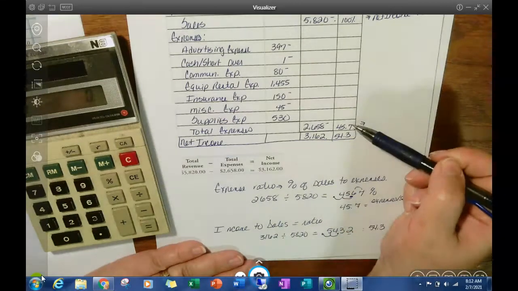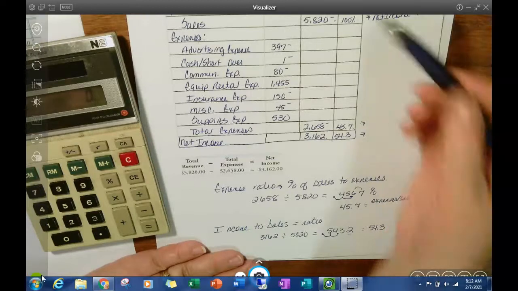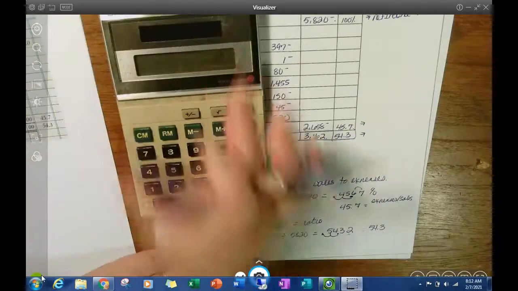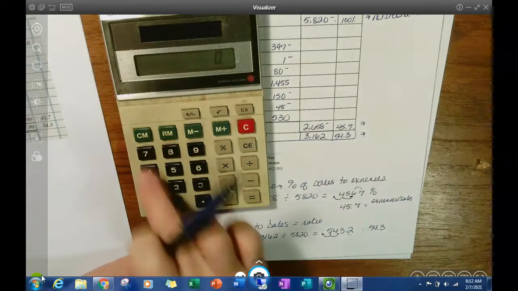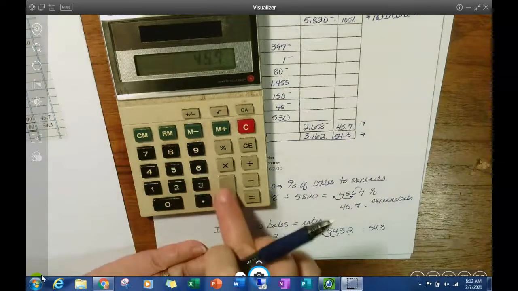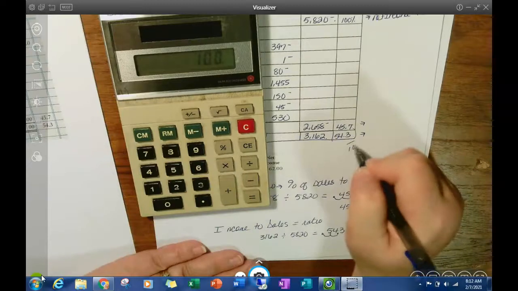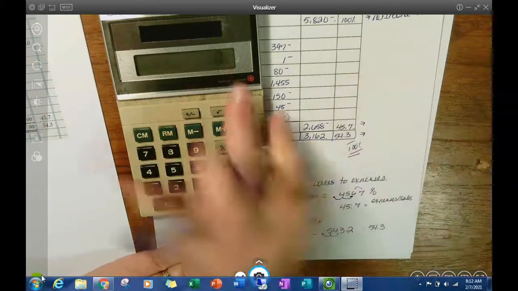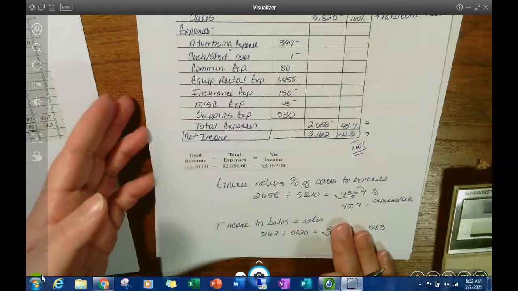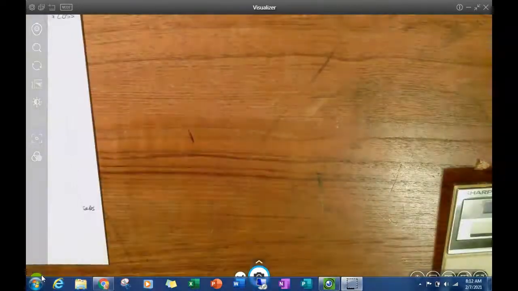These two figures done to the 10th percent then must equal the 100%. So you check yourself. And we've got the 100%. All right, this is how we do it. This is everything you need.